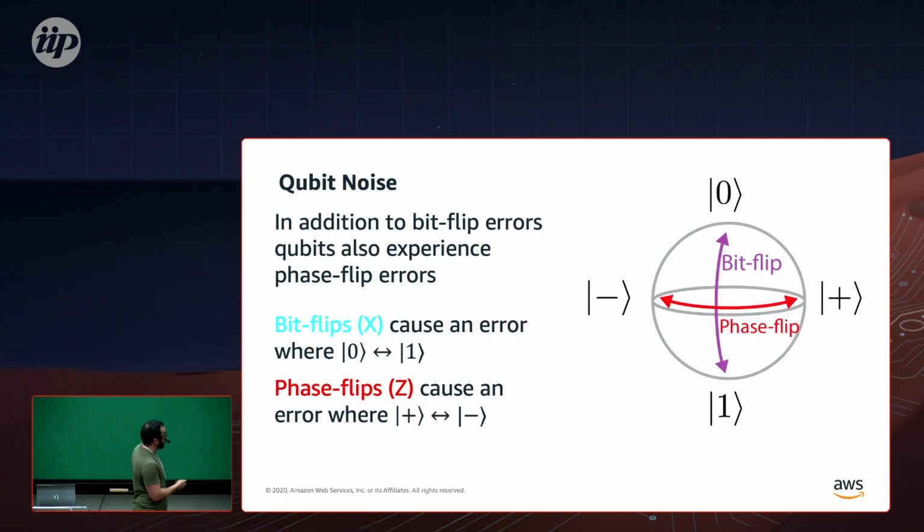So a plus, which is 0 plus 1, can go to a minus, which is 0 minus 1, and vice versa. This we call a phase flip error. And the claim is that every error model that we can experience in nature, you can think of as a combination of bit flip and phase flip errors. So that's one important claim of quantum error correction.